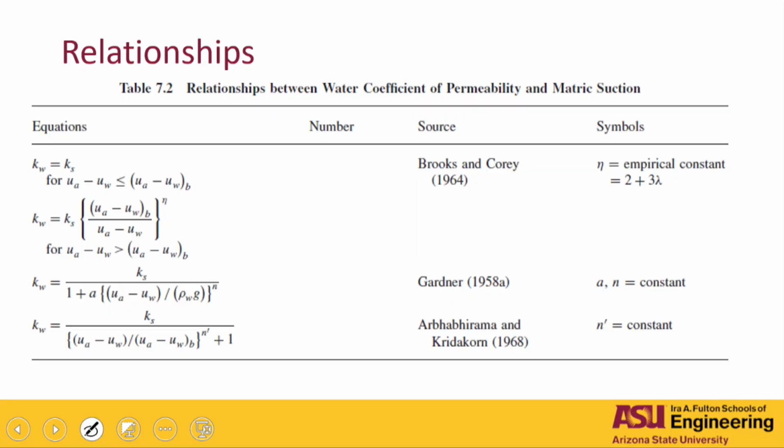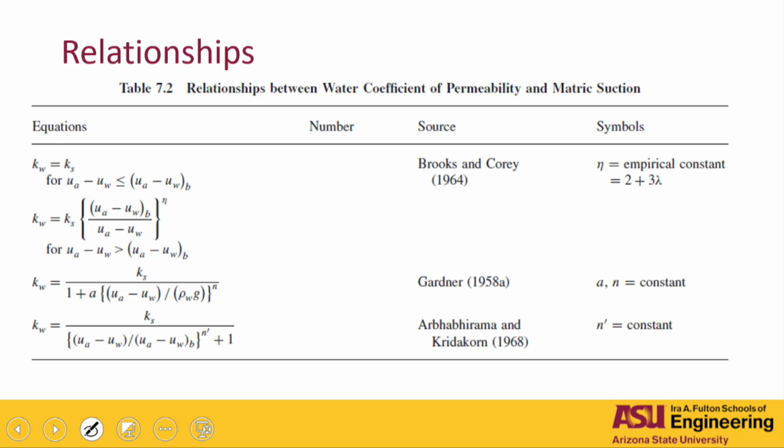So I got three in here that are important. This one is the Gardner equation. That's the Brooks and Corey equation. And again, this is from a different source, but it's the same parameters. This one is another one that works when it has A and N constants. I'm going to go into that in a minute.